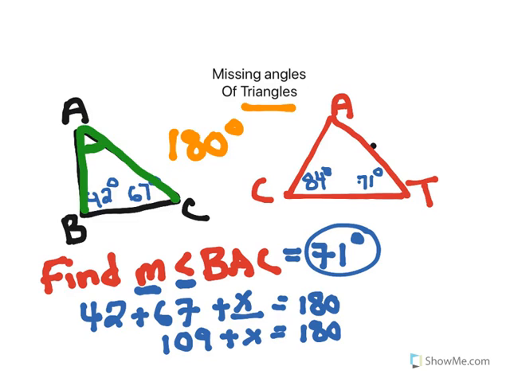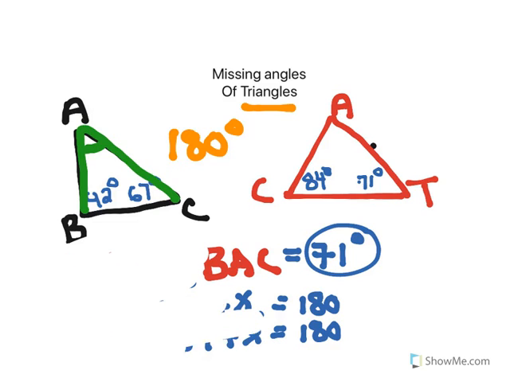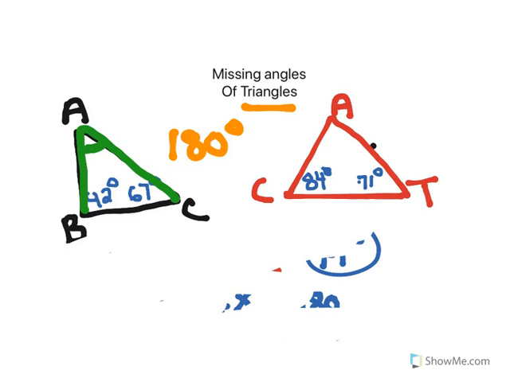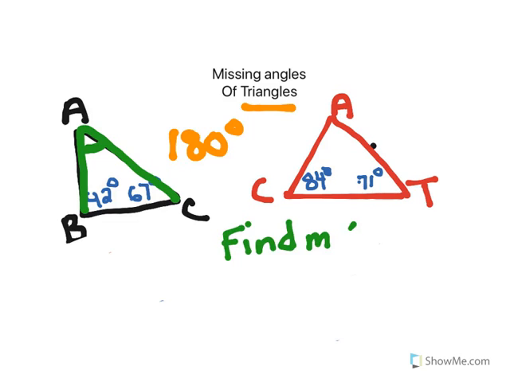Hopefully that wasn't too complex for anyone, but we're going to do another example here just to make sure you've got it. I'm going to do a little erasing so that I've got some room here. And in our next example, we're going to find the measure of angle CAT.